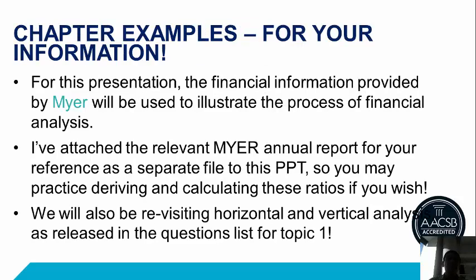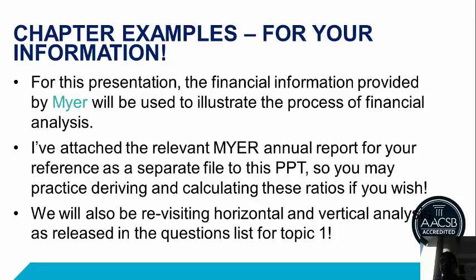Now, just so you know, for this lecture and the next lecture on profitability ratios, lecture 3, I'll be using financial information provided by Myer's financial statements. We all know who Myer is in Australia, and I've attached the relevant Myer Annual Report. You've got the attachment through Slack, and it's of course attached as a separate file to this PowerPoint file on MBAE Slack.